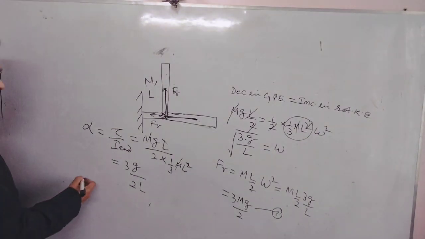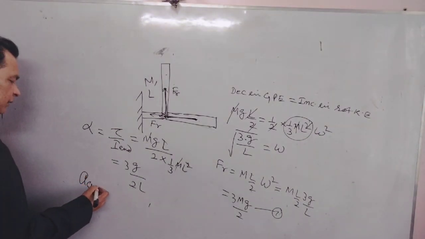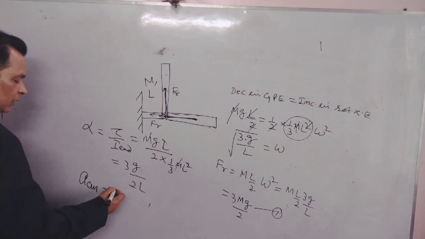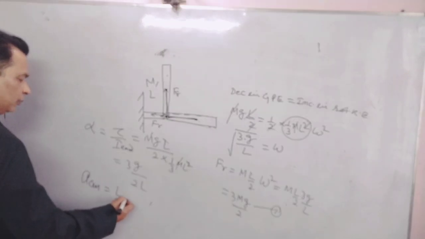So the acceleration of the center of mass is L by 2 into alpha.